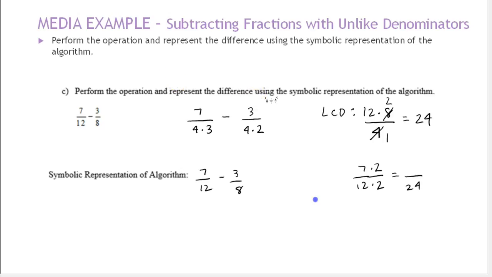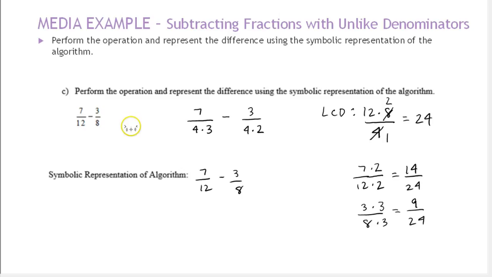And 7 times 2 is 14. Now let's look at 3/8. We want to write this as something over 24. Well, 24 divided by 8 is 3, or 8 times 3 equals 24. And again, when we looked at 3/8, it was missing the 3, so that's why we multiplied by 3, and we get 9. Hard part's over.